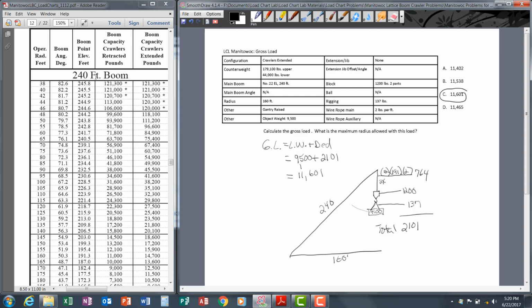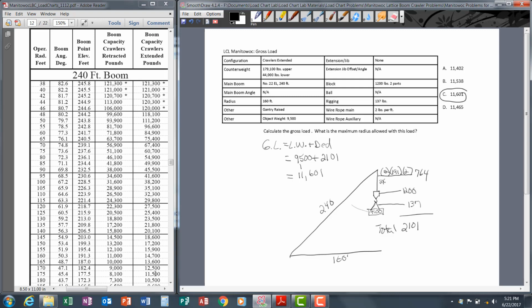Okay, we're on the 240 foot boom chart. Crawlers are extended. Go over to the column furthest to the right. Just start going down the list. We can start at 160 or wherever. Start going down that column until you see a capacity less than 11,601.